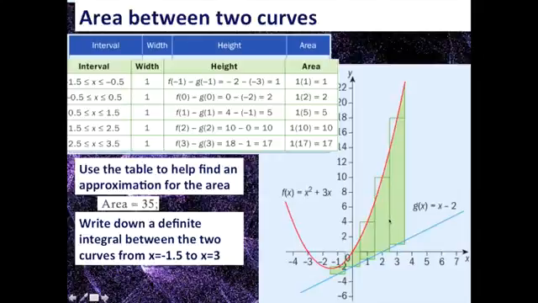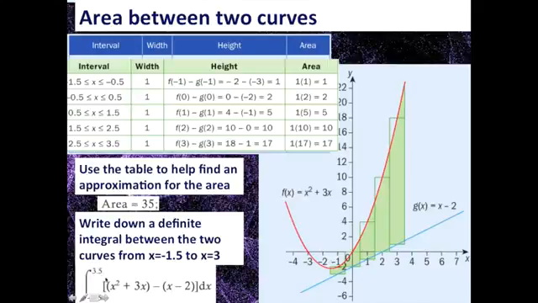And remember, that's essentially what we're doing with integration. We are increasing the number of rectangles such that the number of rectangles becomes infinite and the width becomes infinitesimally small. And at that point, we can use integration to find the area. So we would integrate the difference between the larger function and the smaller function.